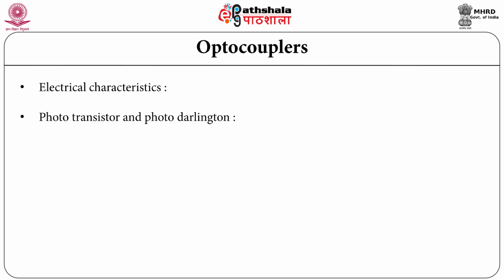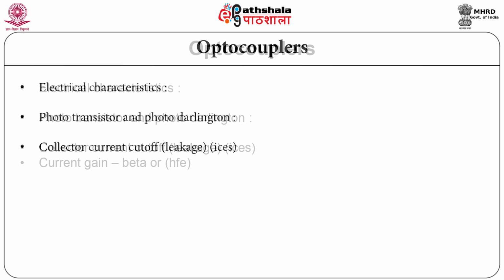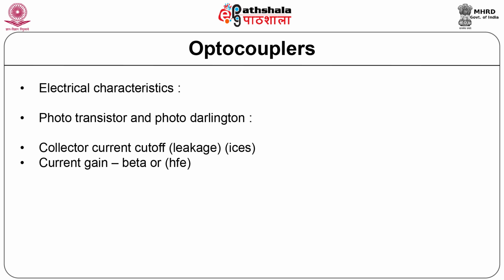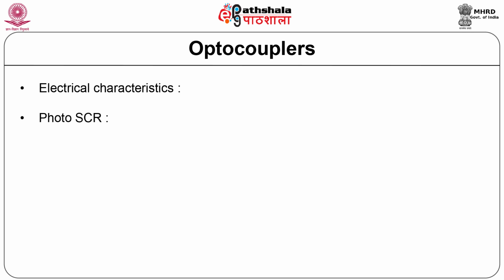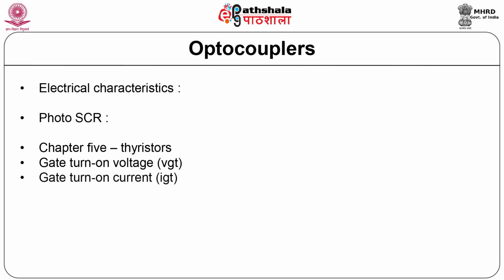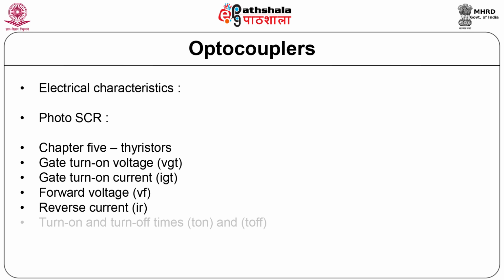If it is a phototransistor or photodarlington, then collector current cutoff, current gain, that is beta or HFE, collector saturation resistance, turn on time and turn off time, frequency cutoff are important. If it is a photo SCR, then gate turn on voltage, gate turn off voltage, gate turn on current, forward voltage, reverse current, turn on and turn off times, etc. are important.